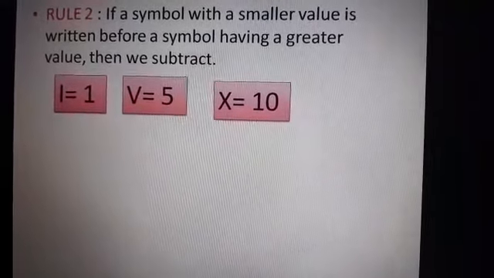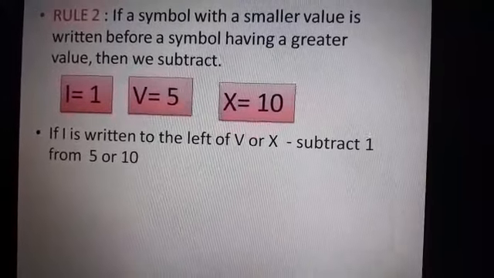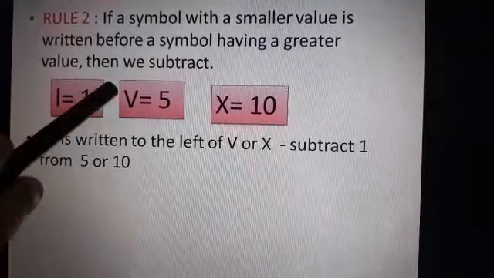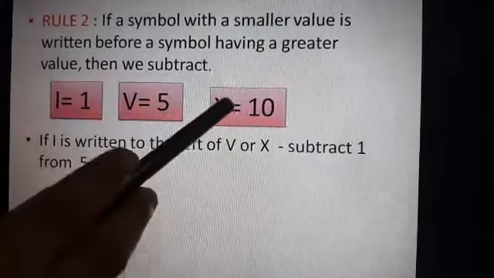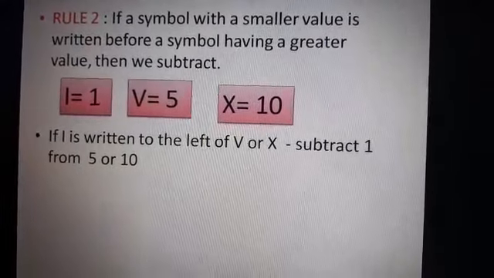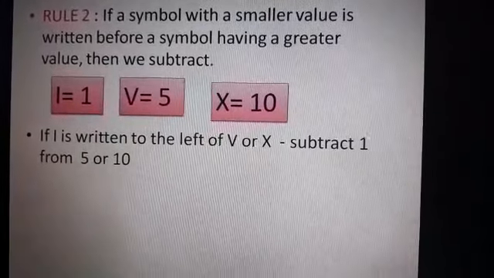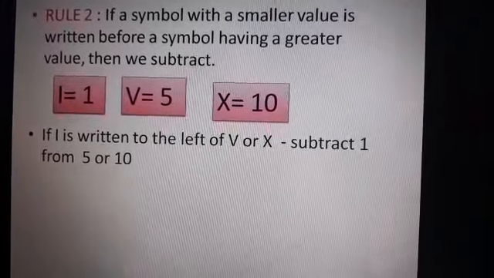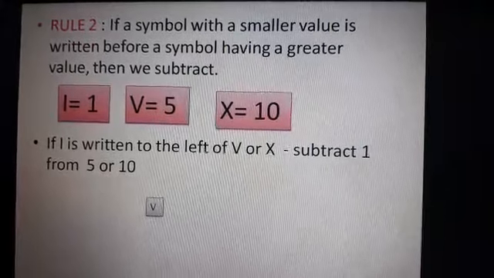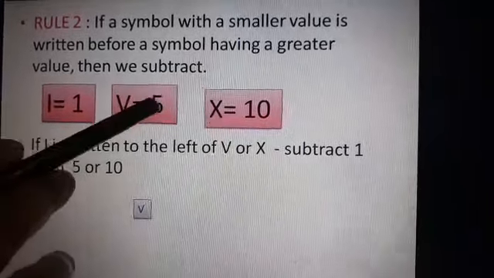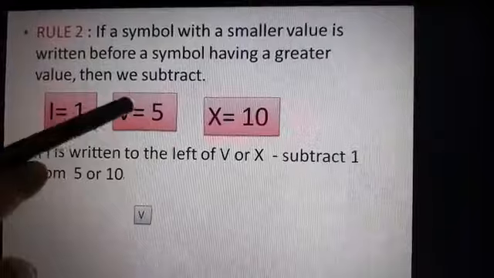If I is written to the left hand side of V or X, it means that we have to subtract 1 from 5 or 10. For example, which symbol can you see here? It's V. V represents number 5.